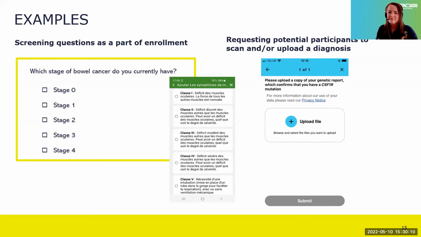So another of the strategies for validating diagnosis that we've implemented in a few of our recent digital real-world evidence studies, and are very excited about as well, is the upload feature.